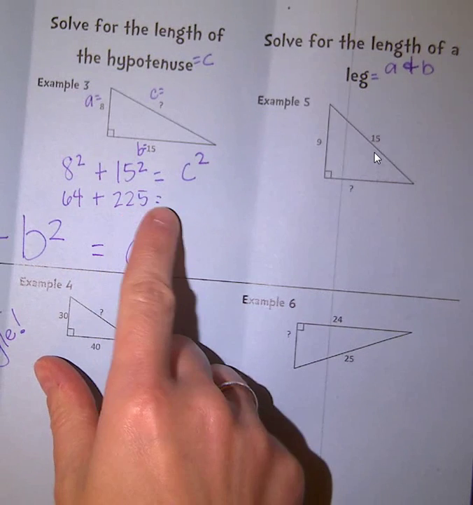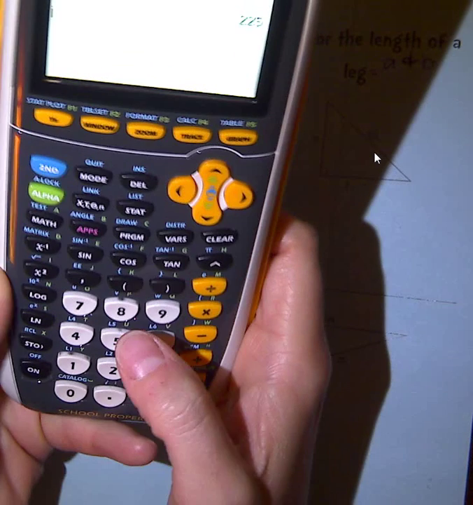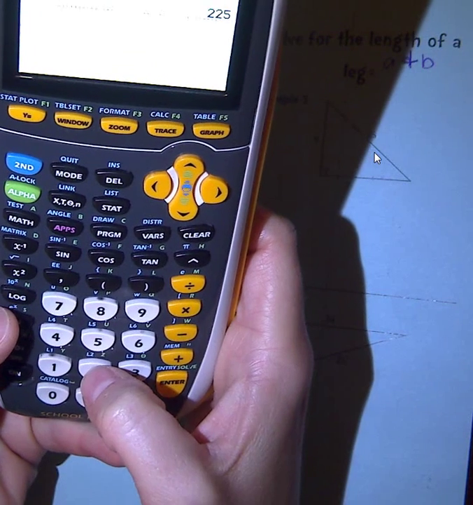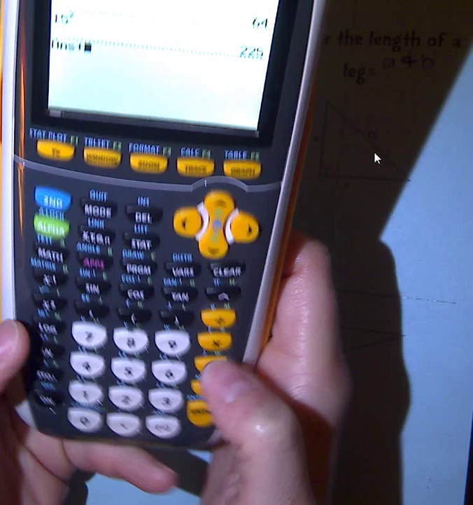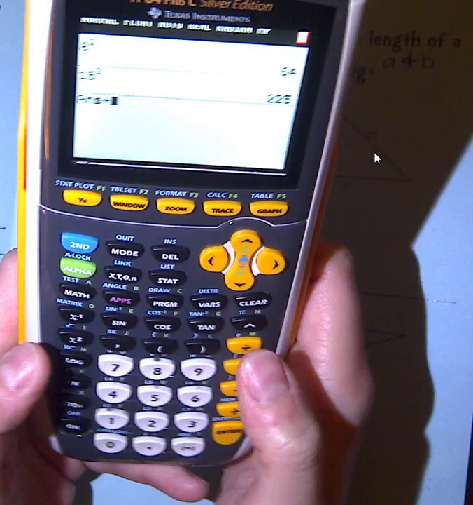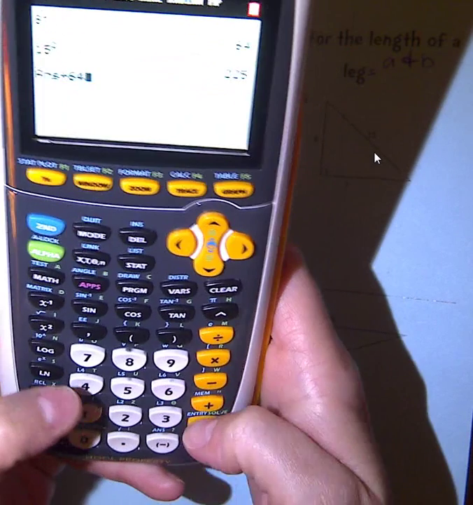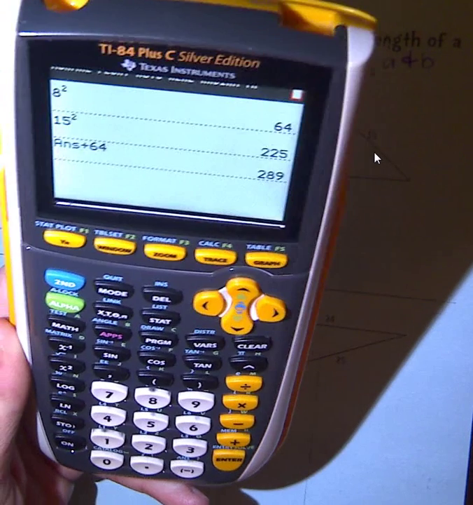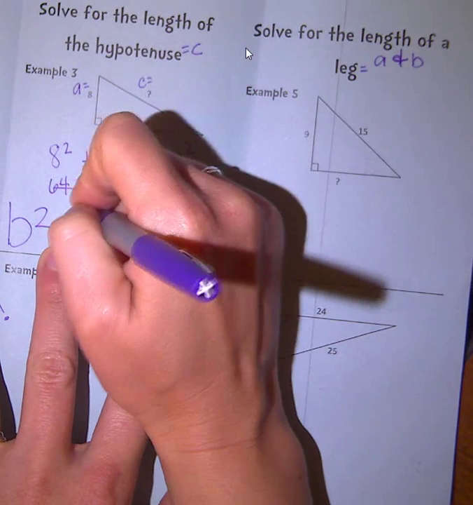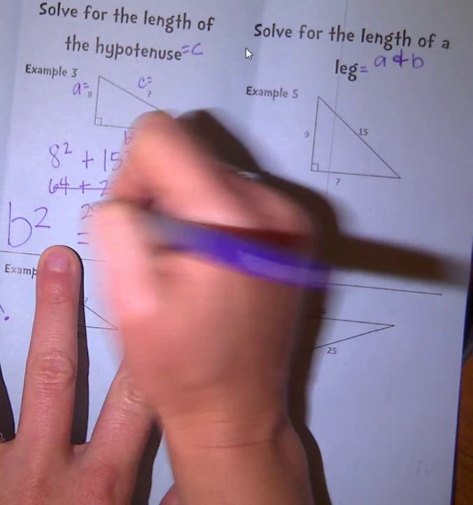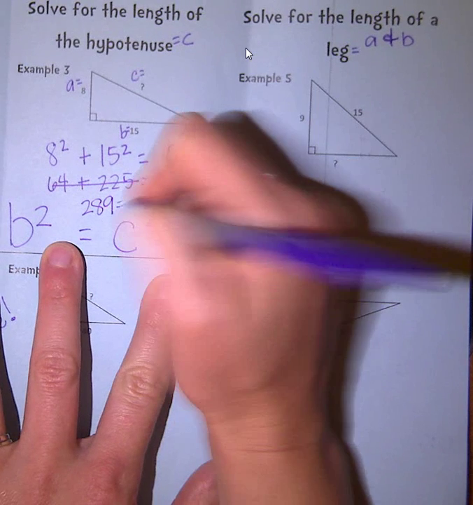So 225 plus 64 equals 289. Okay, so now on this side of the equal sign I have 289, and then it equals C squared.